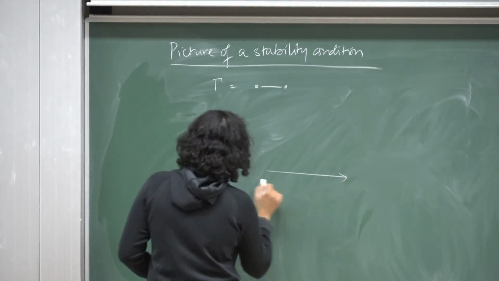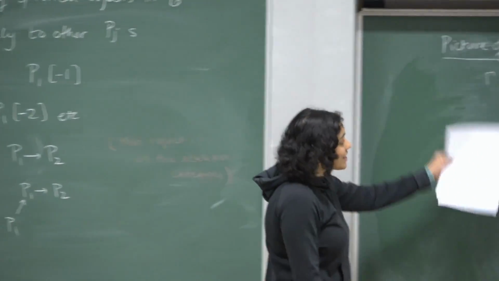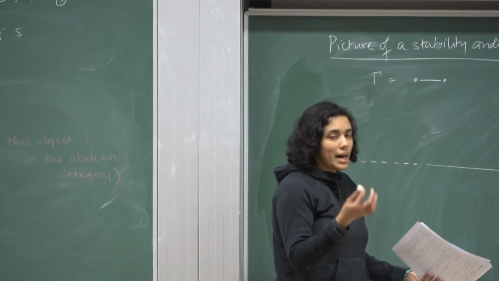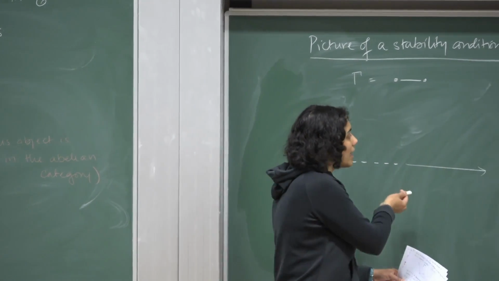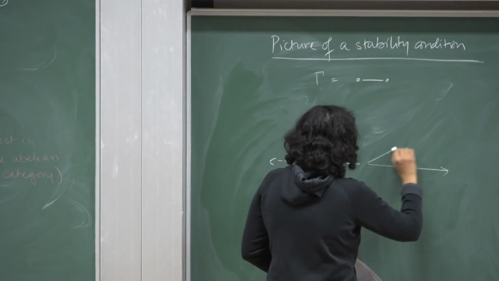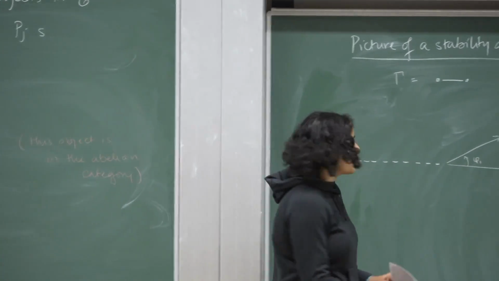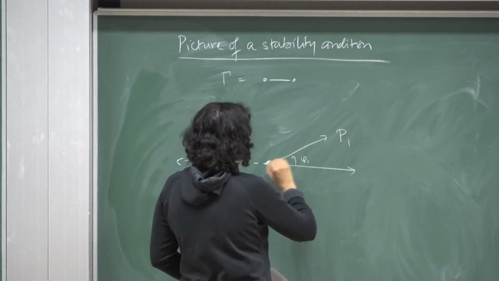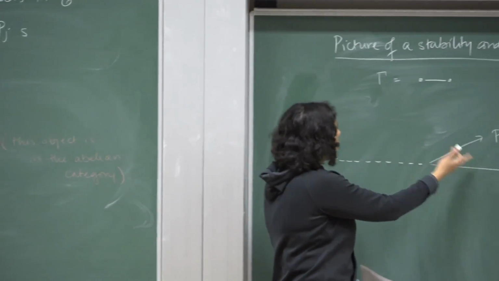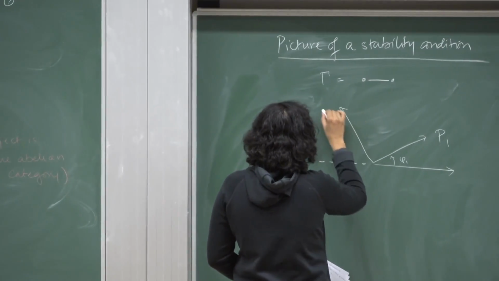Typically, people draw pictures like this. You should think of this as the upper half plane. Remember that every semi-stable or stable object comes with a mass and a phase, and so you can plop it down somewhere on the complex plane. So this is the phase of the first object, and this length is the mass of the first object. I'm going to consider a stability condition where P1 and P2 are stable objects, and the picture that I'll get is something like this.